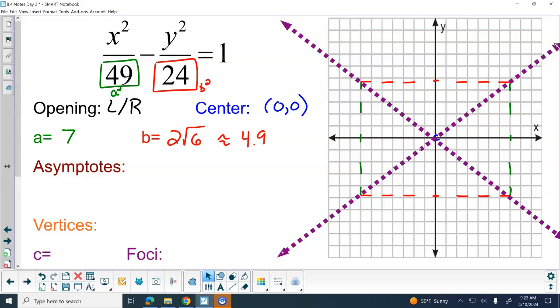What is the slope of both asymptotes? Slope of both asymptotes.